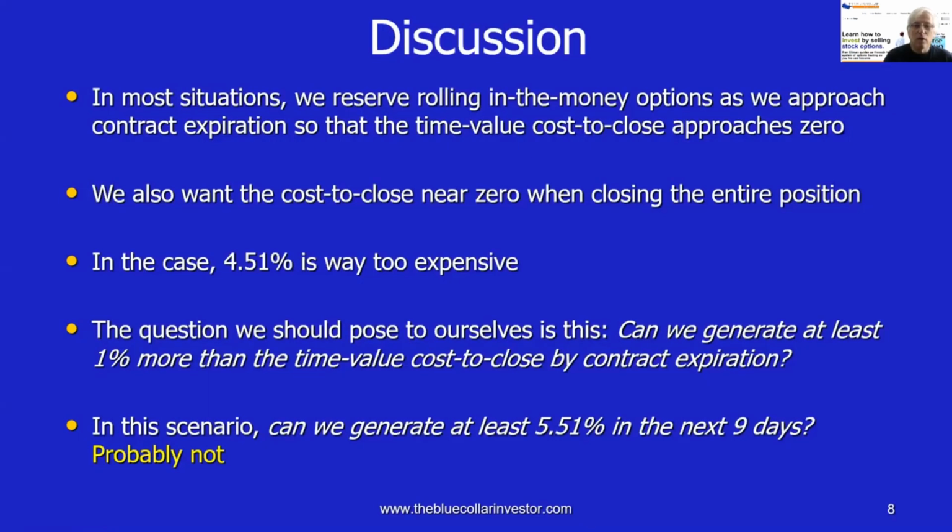Therefore, closing the trade is a no in this particular case because the time value cost to close is way too high. All right, so the Unwind Now tab of the Elite Plus or the Elite version of the Ellman calculator will give us that information and make it easier for us to decide whether or not we want to take this action, or just wait closer to contract expiration and then make our rolling determinations.